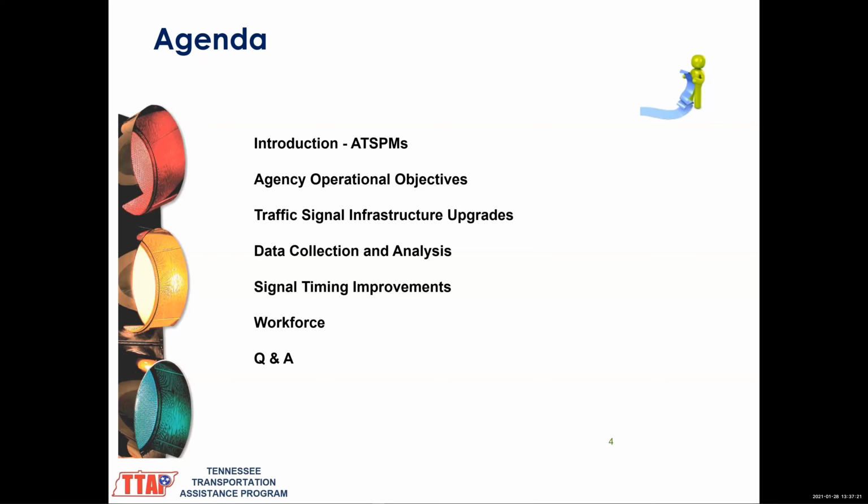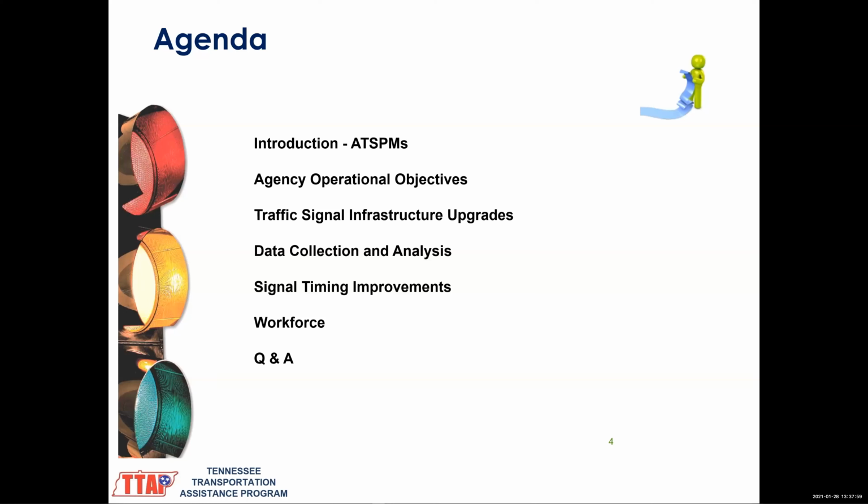Thank you. Okay. So we'll go through just an introduction to the ATSPMs, a little bit of the agency operational objectives. I know everybody has a few different objectives that they're concentrating on, but the example that we're going to show today pretty much covers most of those objectives. Go through a little bit of the traffic signal infrastructure upgrades for SPMs to work rather well and most efficiently. You're going to need to really concentrate on detection.